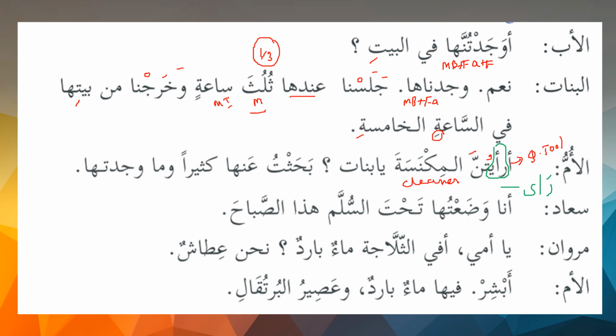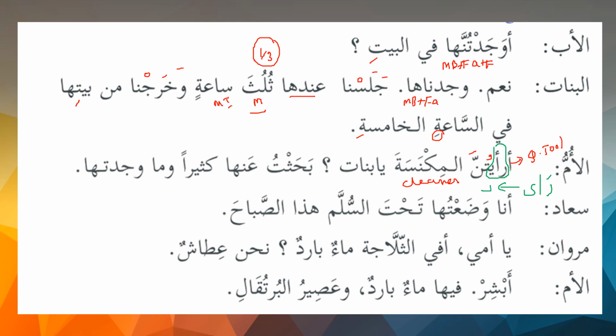The moment it changes to present tense, what happens? As I told you, the verbs which have alif makhsura at the end change to ya in present tense. But there are some exceptions in the verbs with alif makhsura. They remain with alif makhsura in the present tense also.